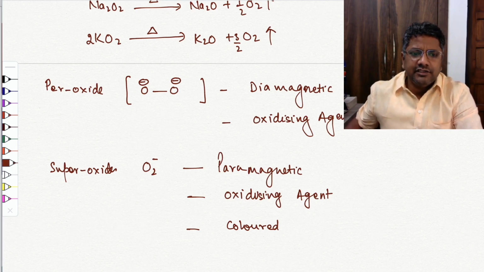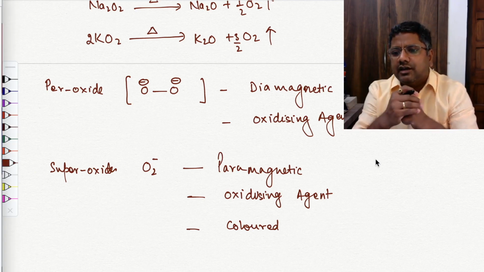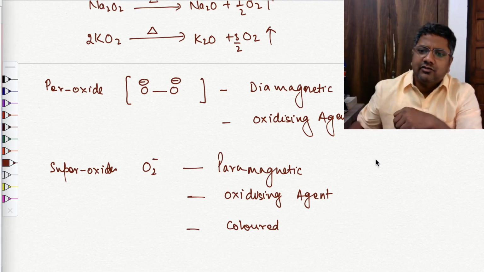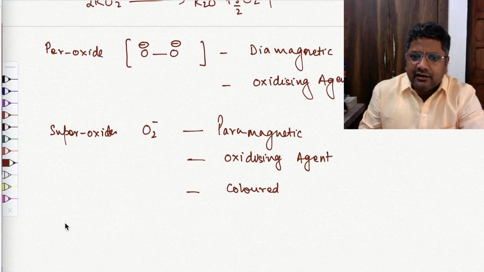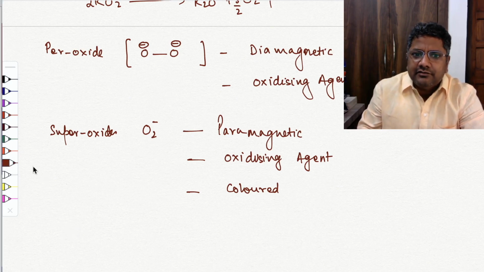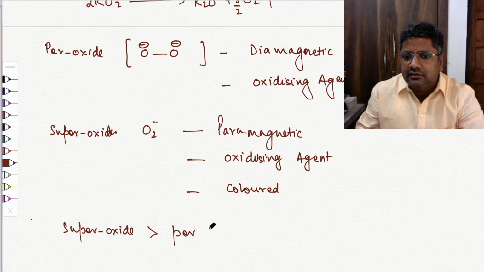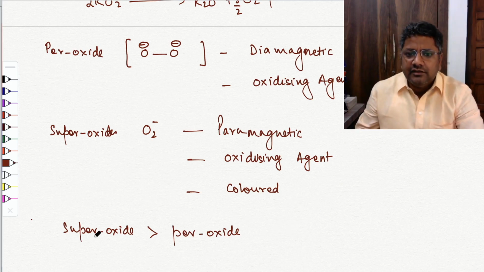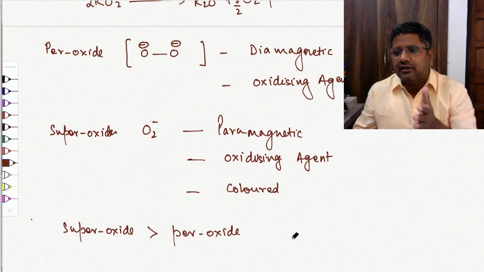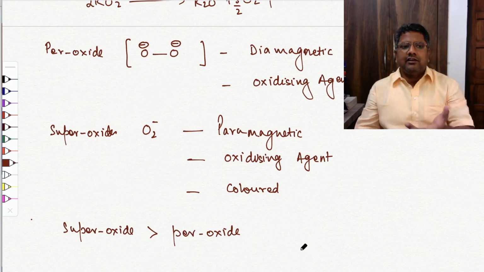So if you compare the oxidizing nature of peroxide and superoxide, obviously superoxides are better oxidizing agents, then peroxide, and then oxygen.